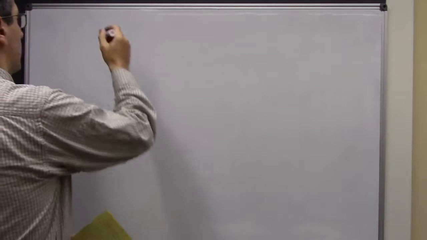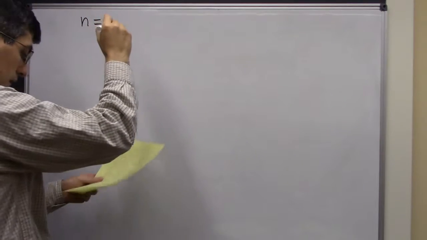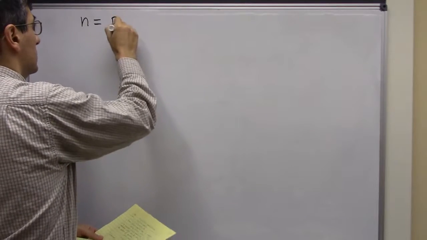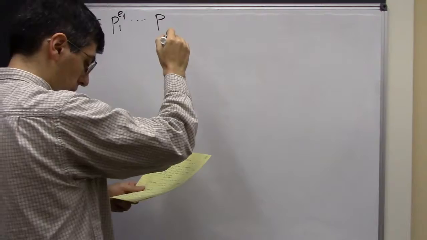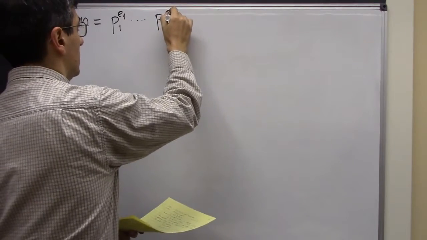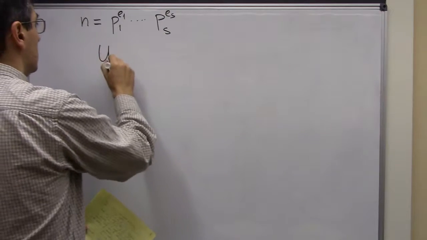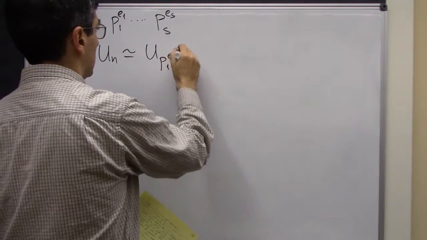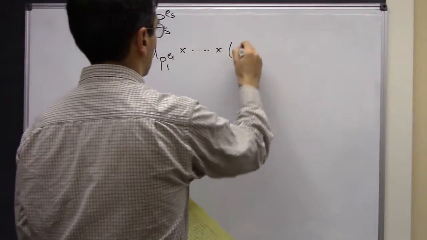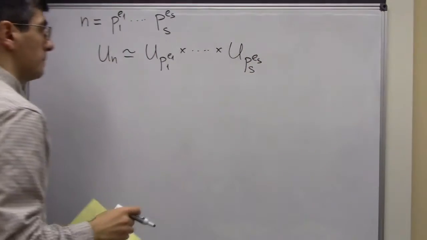Alright, so what do we know? We know that if n is a product of prime powers p_i^e_i, then U_n is isomorphic to the product of U_{p_i^e_i}.